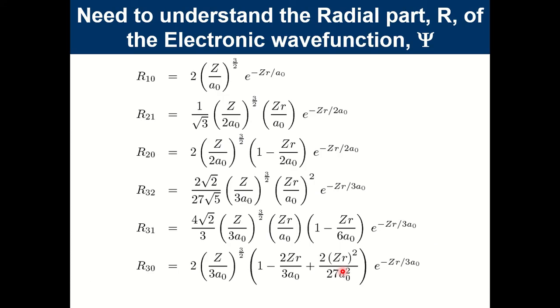You must understand the radial part of the electronic wave function. When we consider electrons as a standing wave, remember, standing wave, electrons behave as a standing wave, not like a traveling wave.